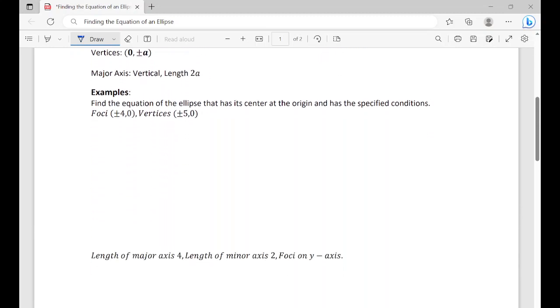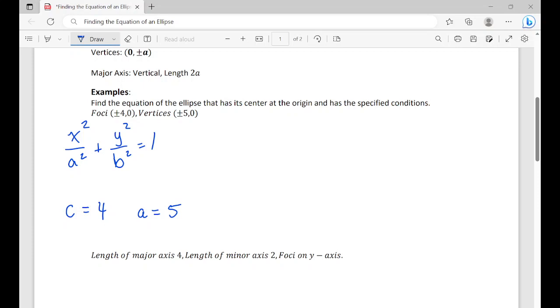So x squared over a squared plus y squared over b squared equals 1. And so we know the foci are the plus minus c, so we can tell that c is 4. Vertices is along the major axis, so it's your a value, so a equals 5.